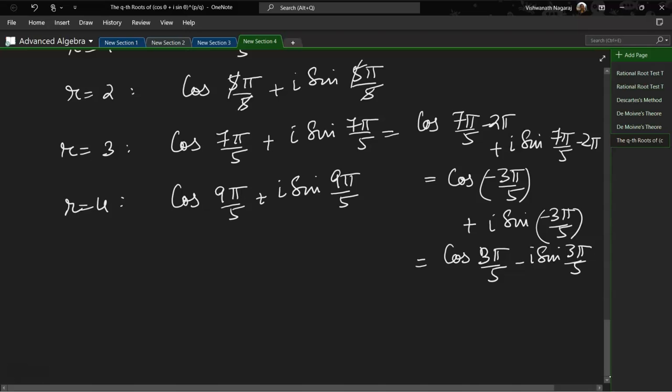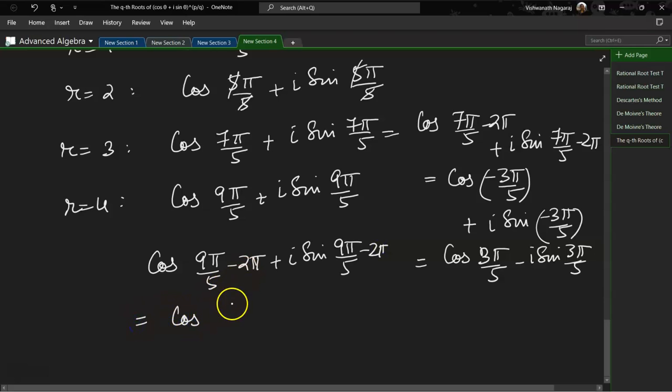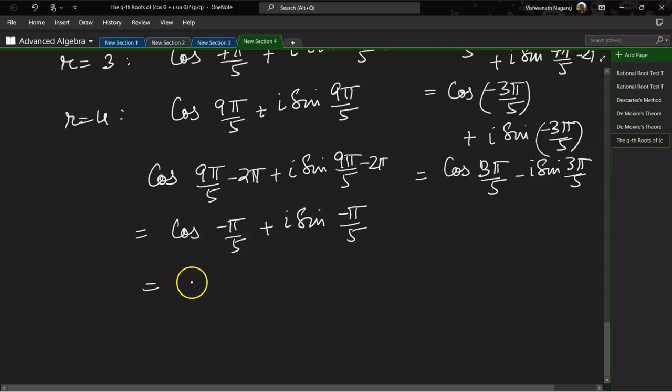Similarly, what we can do is look at this 9 pi by 5. So cos of (9 pi by 5 minus 2 pi) plus I sin of (9 pi by 5 minus 2 pi), which gives us cos of minus pi by 5 plus I sin of minus pi by 5, which gives us cos pi by 5 minus I sin pi by 5.